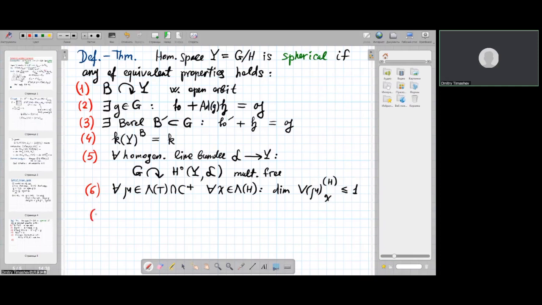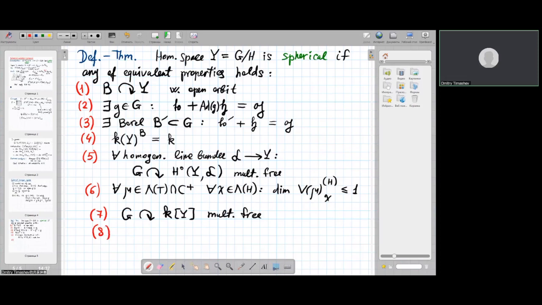The seventh condition is a particular case of the fifth condition. It says that the representation of G in the coordinate algebra, in the algebra of regular functions on Y, is multiplicity free. And the final condition, the eighth condition, is actually a reformulation of the seventh condition.